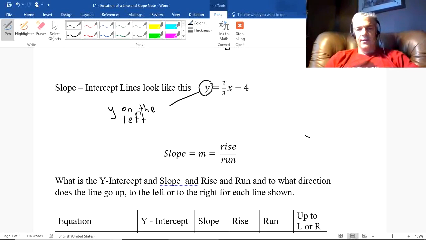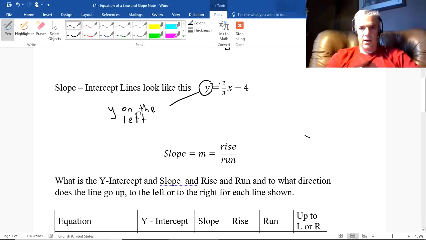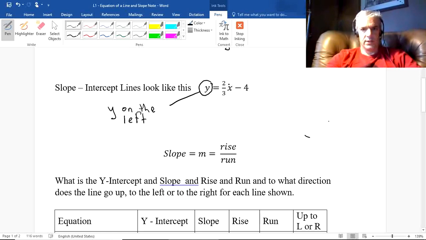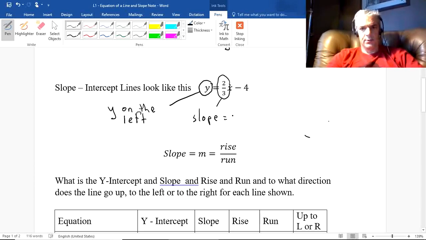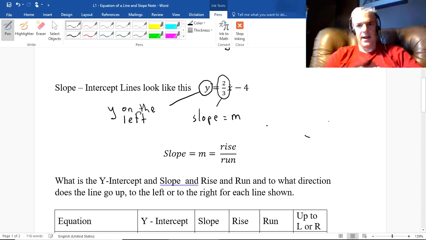The other thing is the next numbers are always going to be on the right side of the equation. One of the first ones is the number that we'll find in front of the x. This here is known as the slope. And if you recall from last year, we used a letter to represent the slope, and that was the letter m.